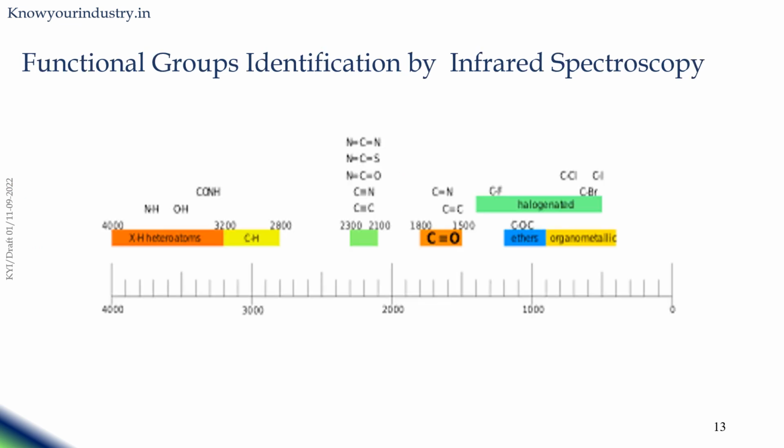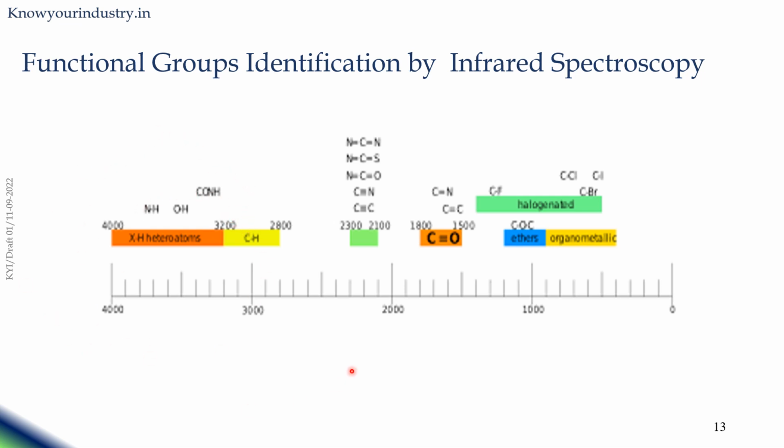Now we are going to see how you identify the functional groups from a spectra obtained from infrared spectroscopy. So in this scale, from 4000 to 3000 centimeter inverse wave numbers, you can see heteroatom X-H bonds and C-H bonds, and also you can see the N-H bond, O-H bond, CONH bond in this particular region.